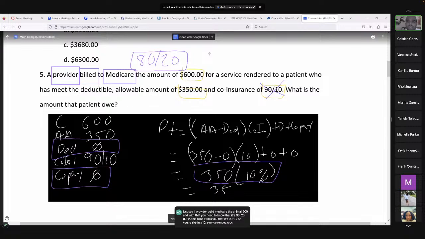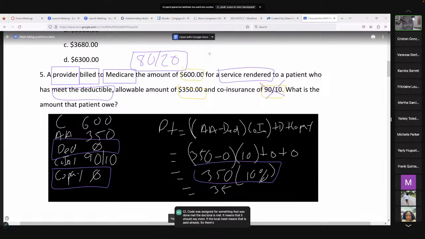Service rendered, okay, service rendered or service provided is that the CPT code was assigned for something that was done. Met the deductible. If the deductible is met, it means that it should say met, not meet. If the deductible is met, means that is paid already. So they had a deductible.